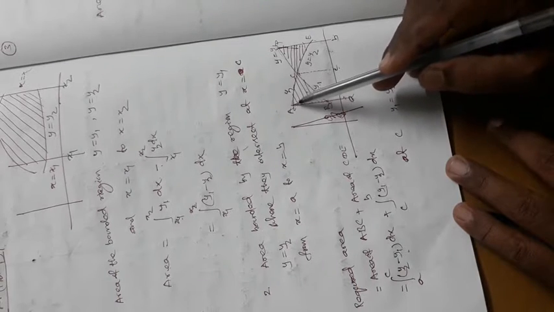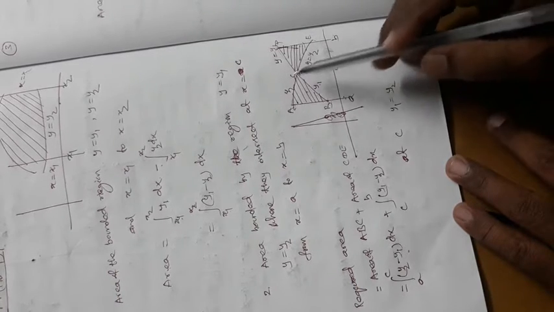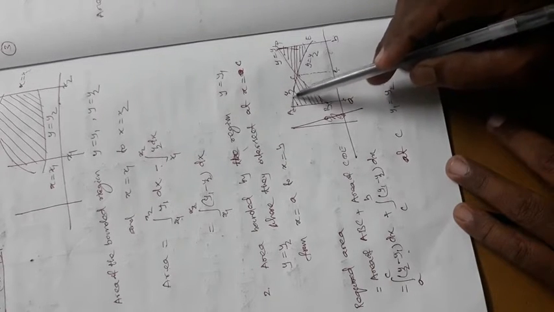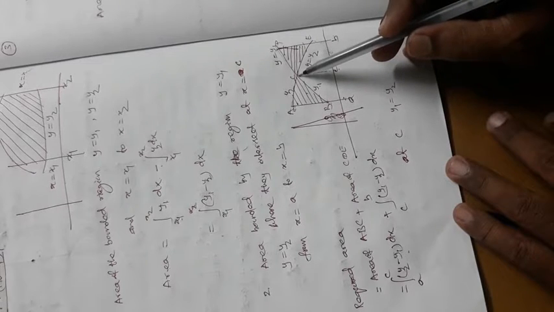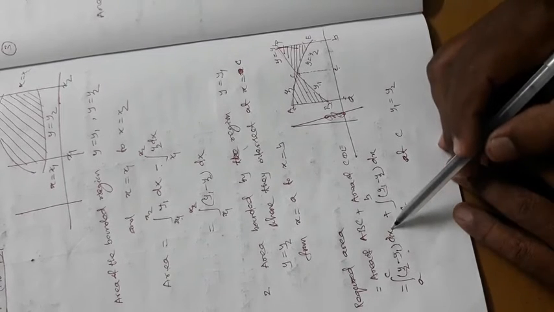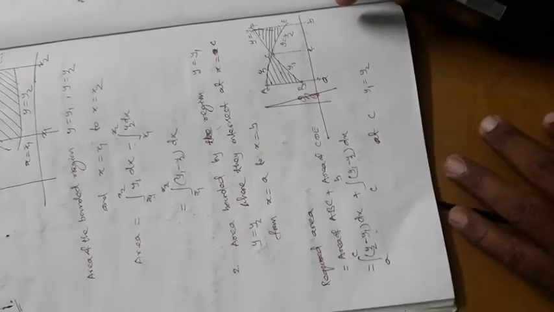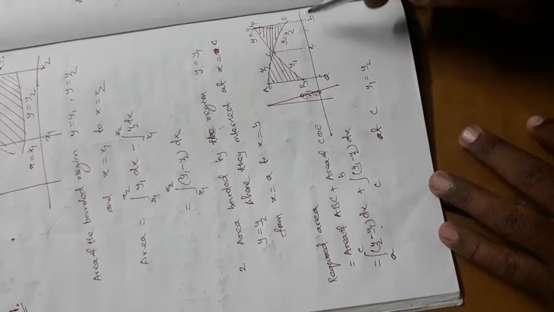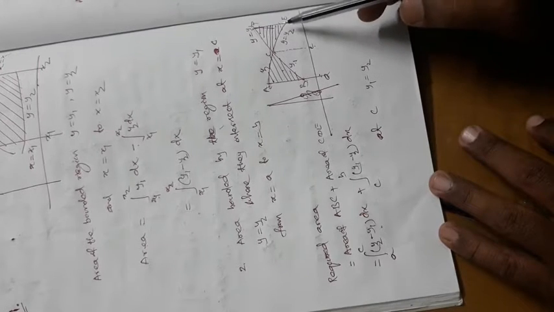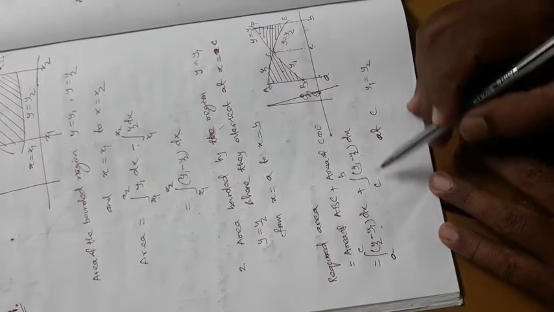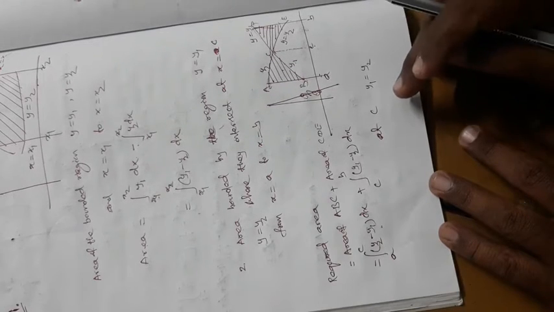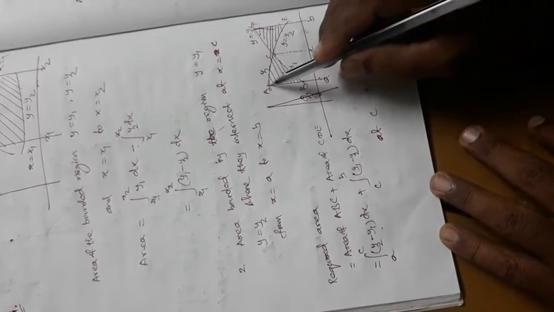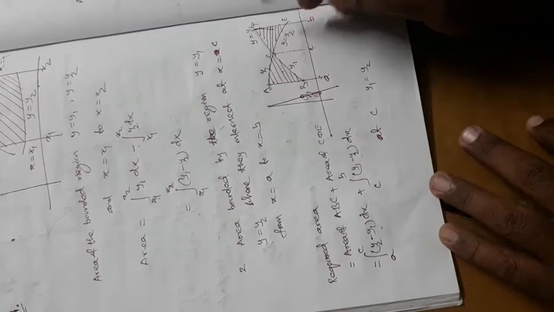In the part from a to c, y2 is greater than y1, meaning the y2 curve is above the curve y1, so its area is the integral of (y2 - y1) dx from a to c, plus the area given by the integral of (y1 - y2) dx from c to b. And you have to remember that at c the y1 curve equals the y2 curve.